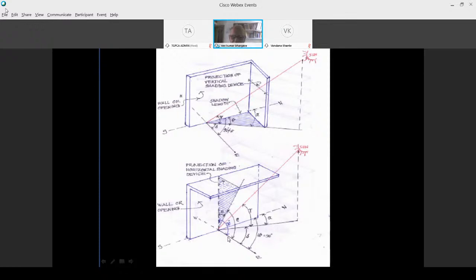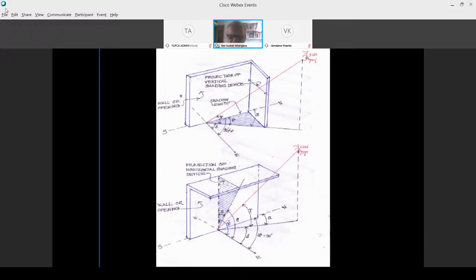Similarly, friend, once you get this angle, that is sigma or epsilon, you can calculate the value of theta. This is called the vertical angle, which is denoted by sigma. 90 minus sigma will give you the value of theta or q.